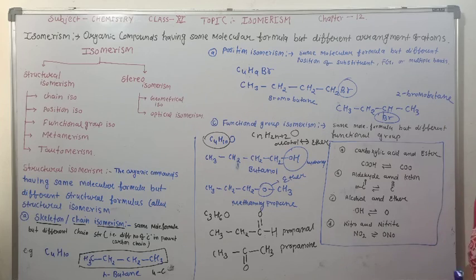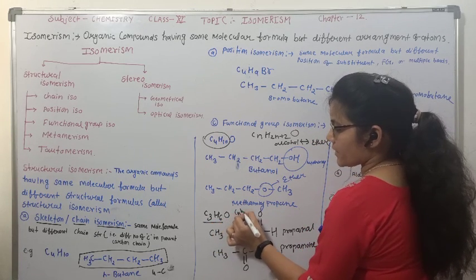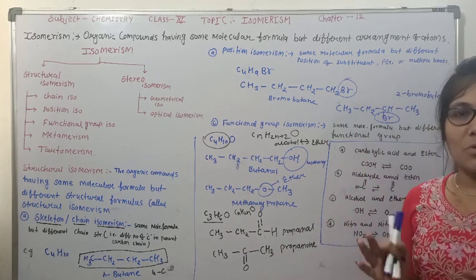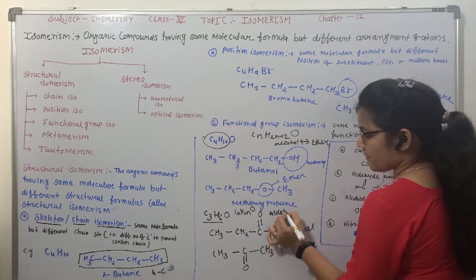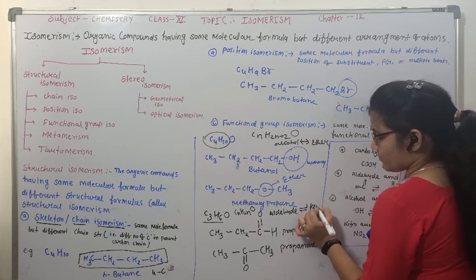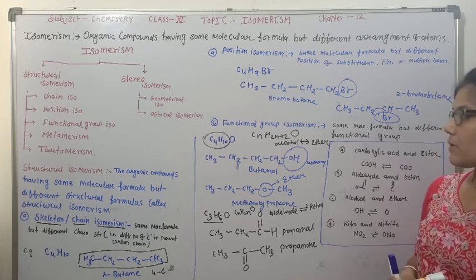Okay, if you have alkene, this one CnH2nO. If you have alkene plus O, that's aldehyde, and aldehyde's functional group isomer is ketone. So this is the trick. You can open the compound like this.